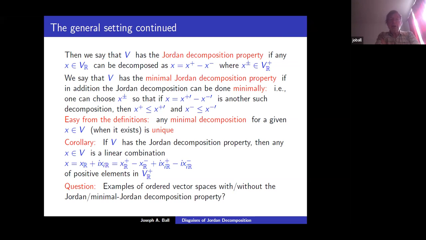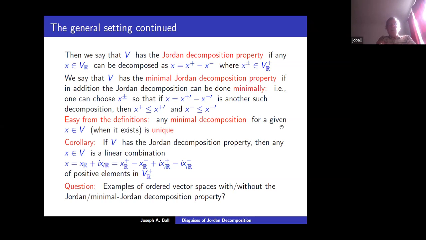And this is what we'll call the abstract Jordan decomposition property. Any X in V is a linear combination of Hermitians, and the Hermitians can be written as the difference of positive elements.